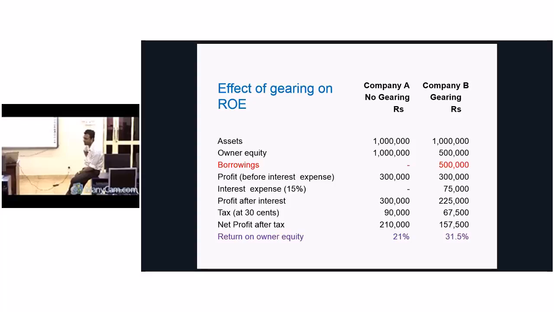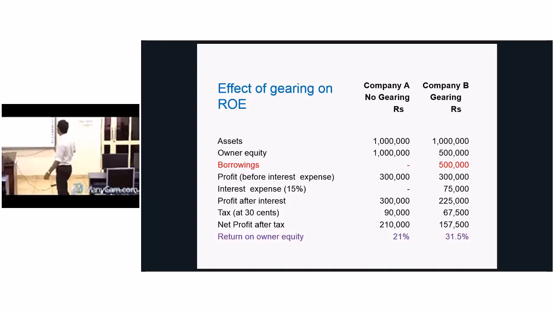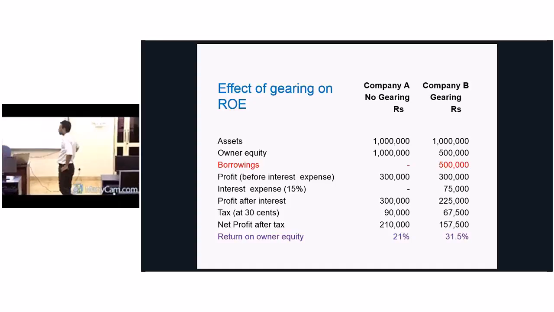In the second scenario you have interest expense of 15%, it means 75,000 on debt of 500,000, very clear, no? Then what happens? Tax rate is 30%, applicable for both the companies. Then you pay tax. First company pays tax 90,000 and second company pays tax 67,500, less tax compared to the other.